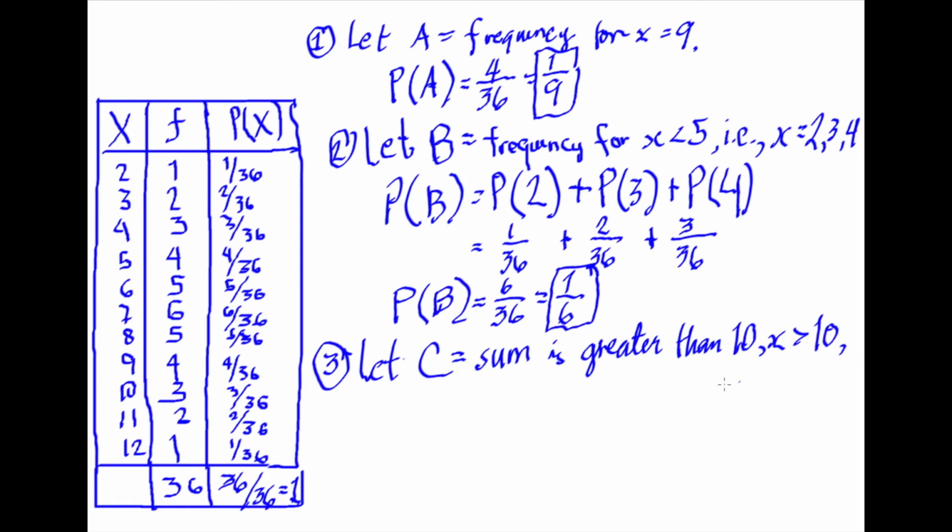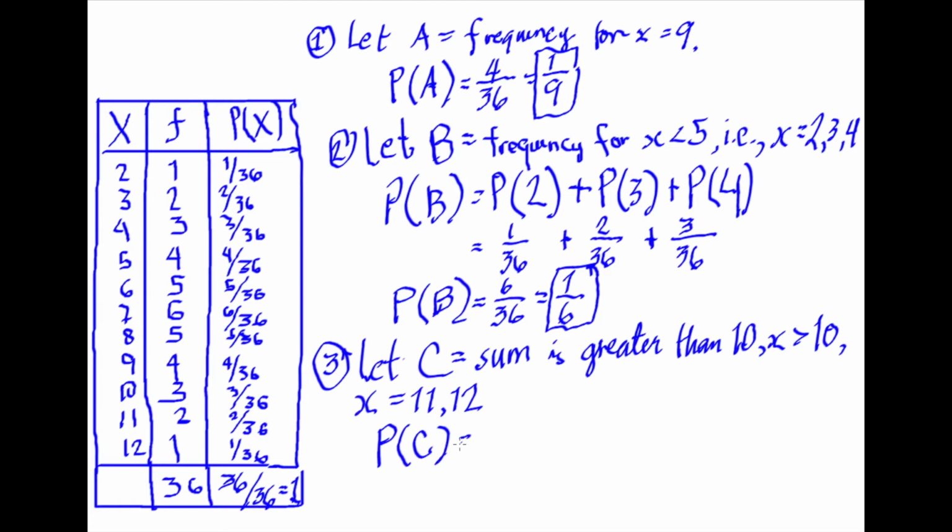These are the values where x is strictly greater than 10, notice. So that is equal to 11 and 12. So our x values are 11 and 12. Let's try to solve for the probability of C here.